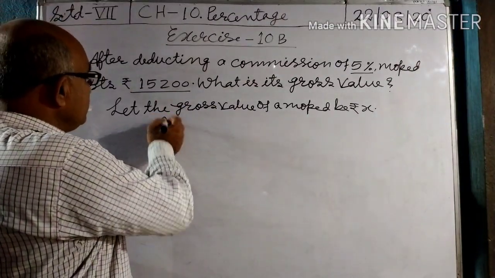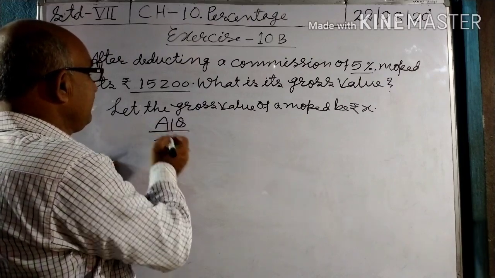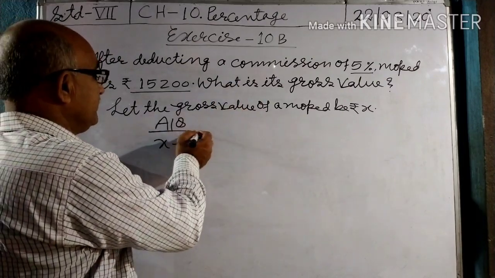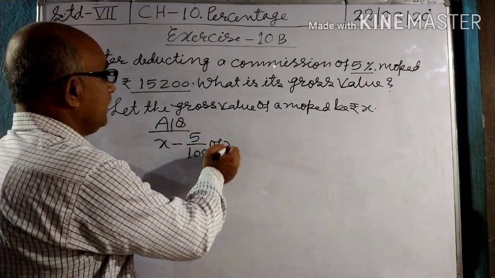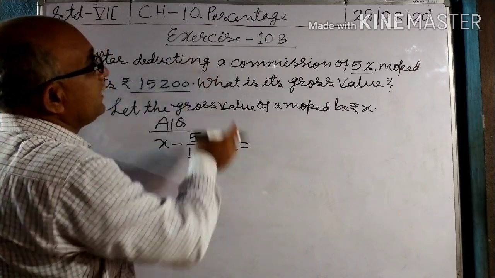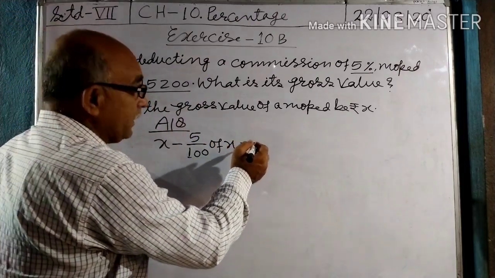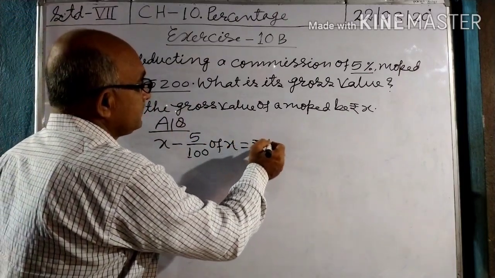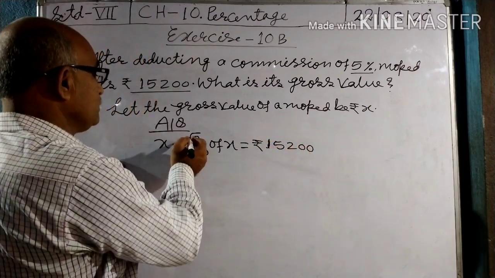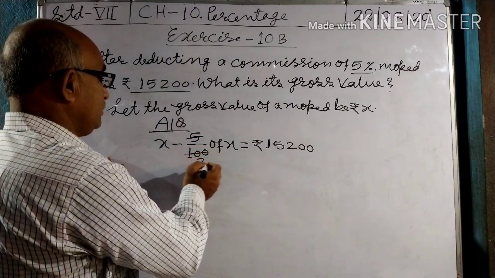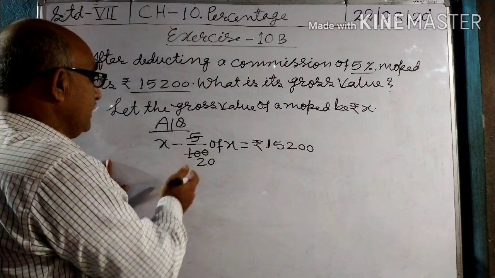Now according to question, x minus 5%, 5% means 5 by 100 of x equal to, after deducting commission 5%, amount cost rupees 15,200. Now solve it. 5 by 100 is 1 by 20.